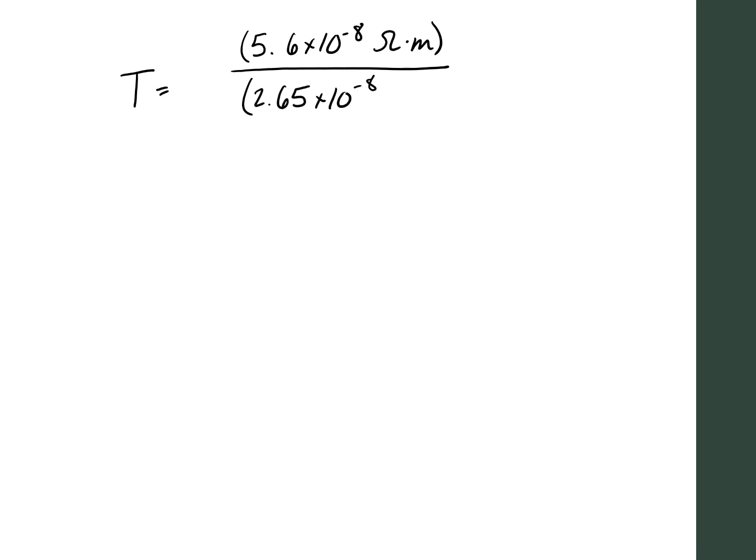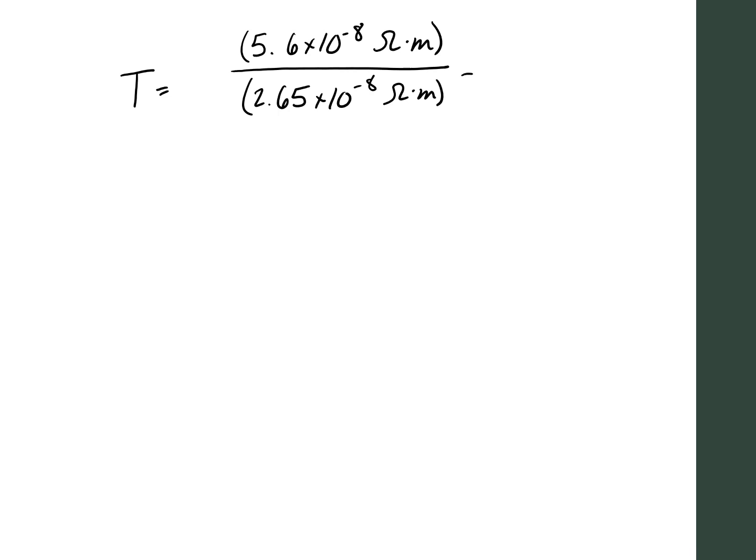So temperature is going to be equal to the resistivity of tungsten, which was 5.6 times 10 to the negative 8 ohm meters, divided by the resistivity of aluminum at 20 degrees Celsius, which is 2.65 times 10 to the negative 8 ohm meters.